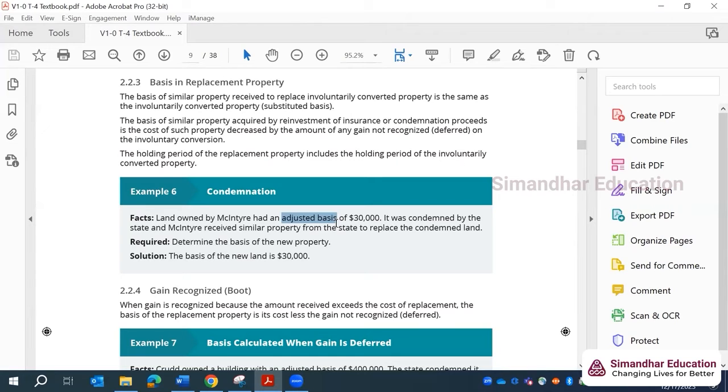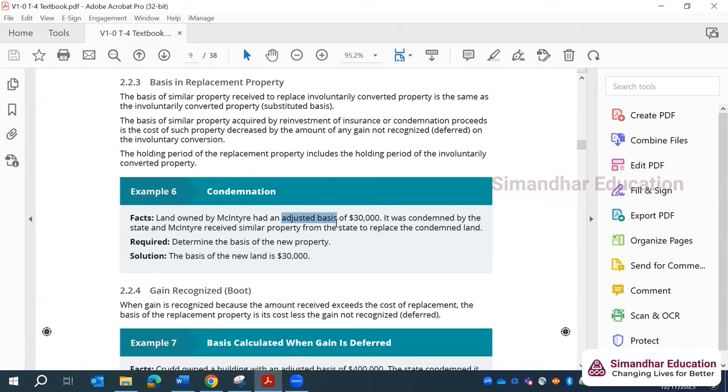Under this concept, there are two important things that you need to keep in mind. The first is that you have to understand how much of the gain is realized in the transaction. Again, I'm using the word realized, not recognized.